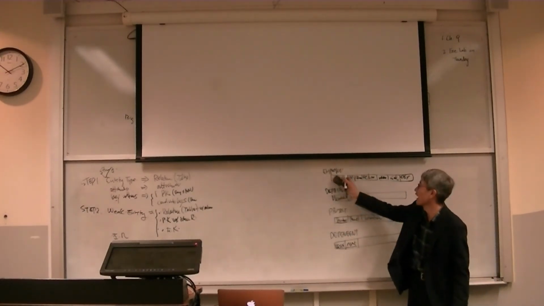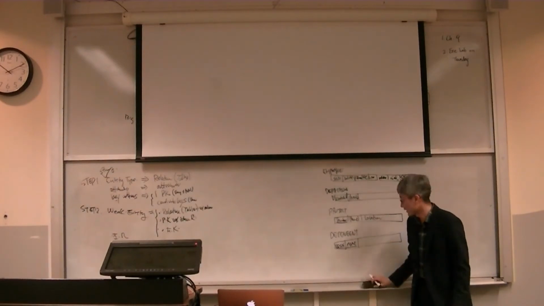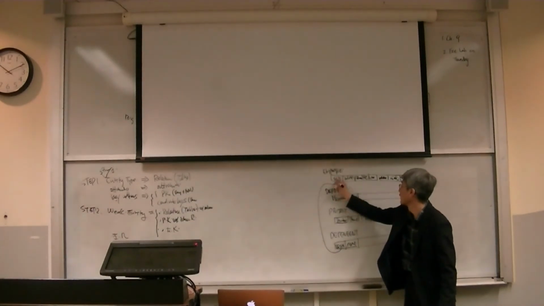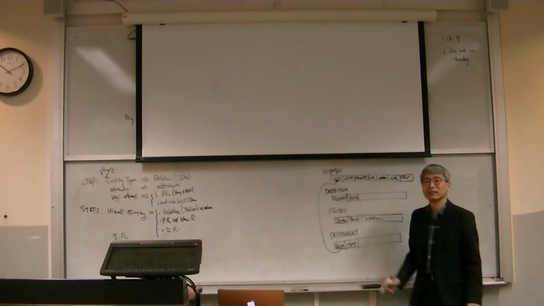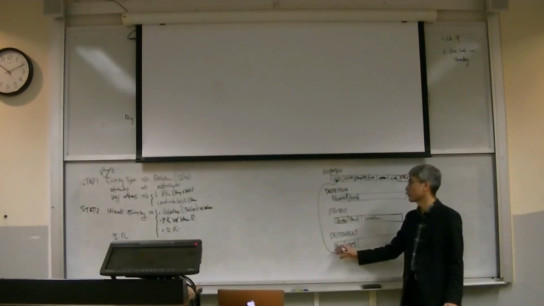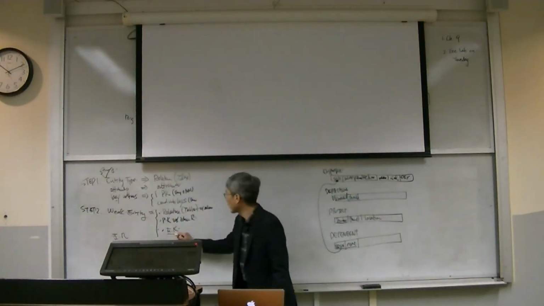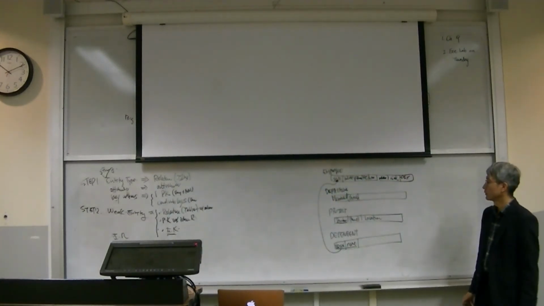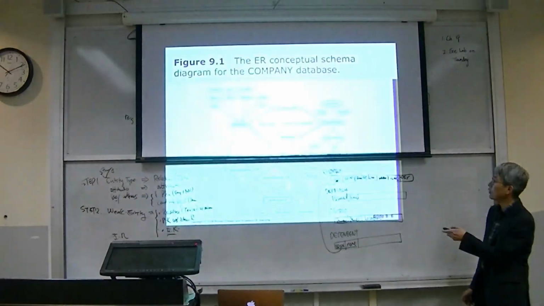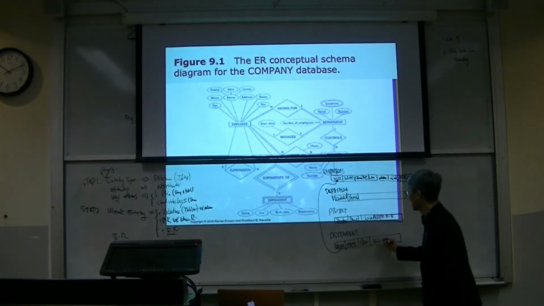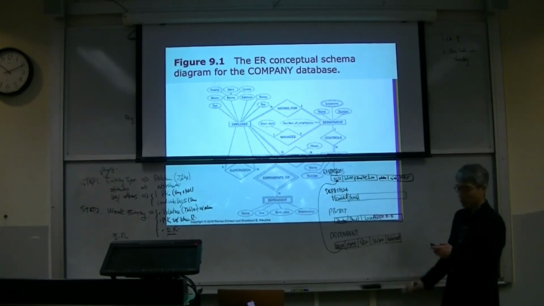This is part of the primary key, and this one is the foreign key. It doesn't matter whether ESSN or SSN, but to clarify, we can use ESSN. So we can create the foreign key with this. Then the other attributes are sex, birth date, and relationship.